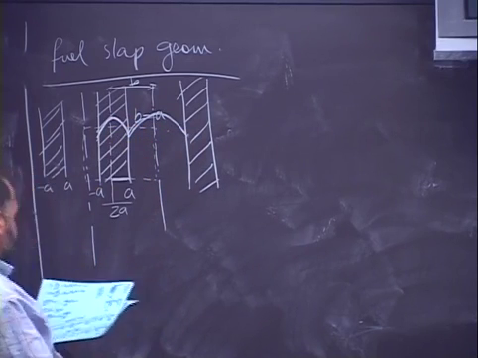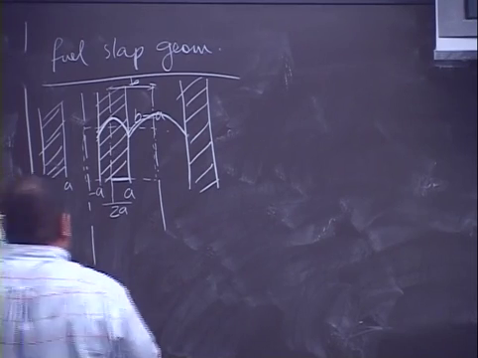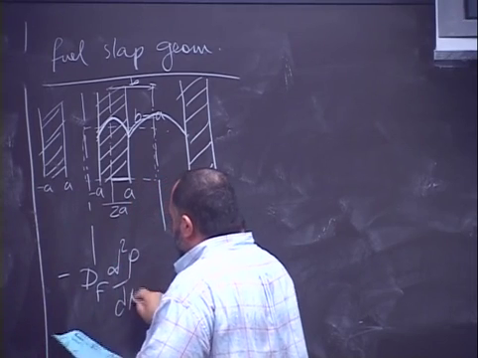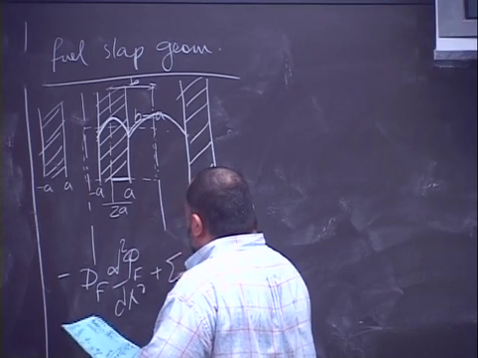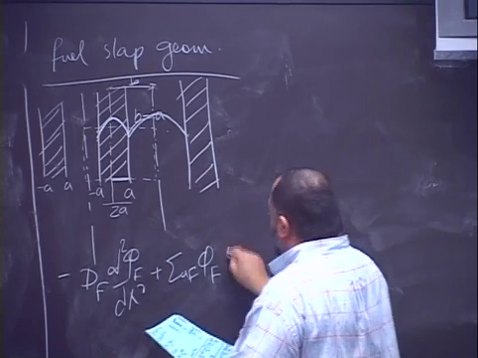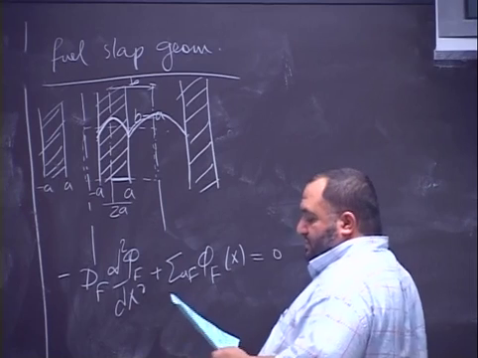So you expect something like this. Then you have to solve the diffusion equation inside the fuel: minus D multiplied by d2 phi by dx squared for the fuel, plus sigma absorption for the fuel multiplied by phi in the fuel as a function of x, equal to 0.